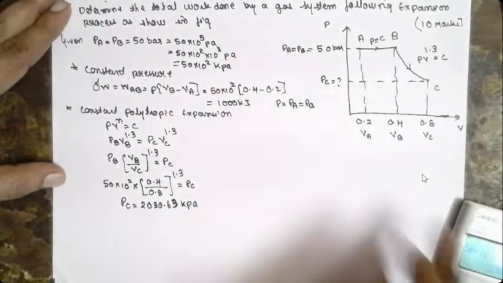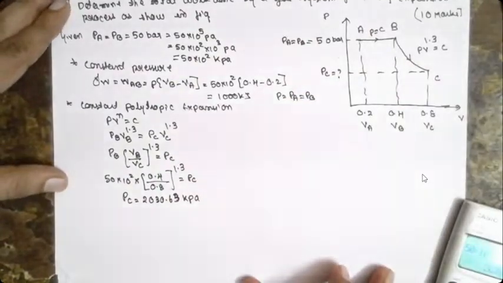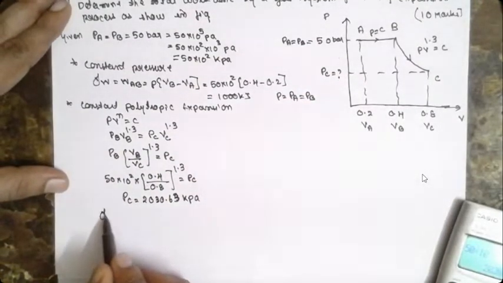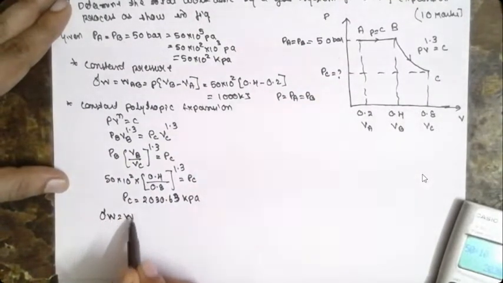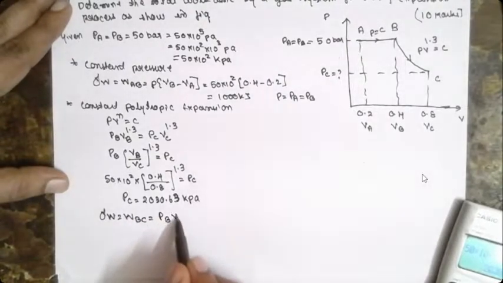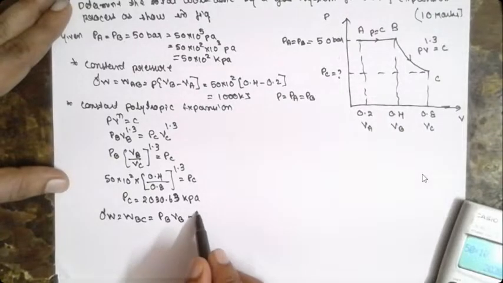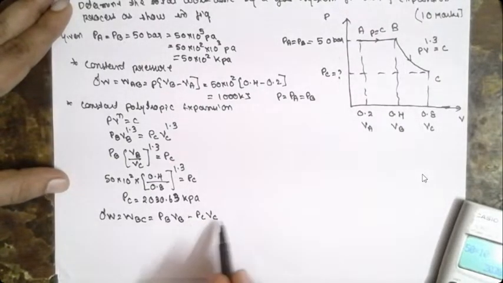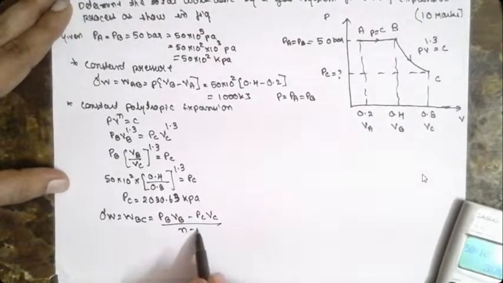Now we can find out the work done with respect to the polytropic process. The formula is W is equal to PB VB minus PC VC divided by n minus 1.